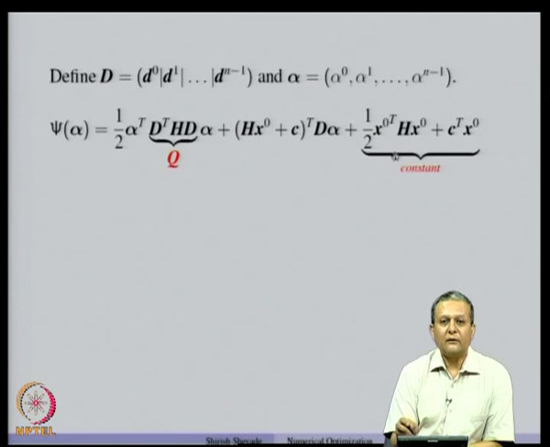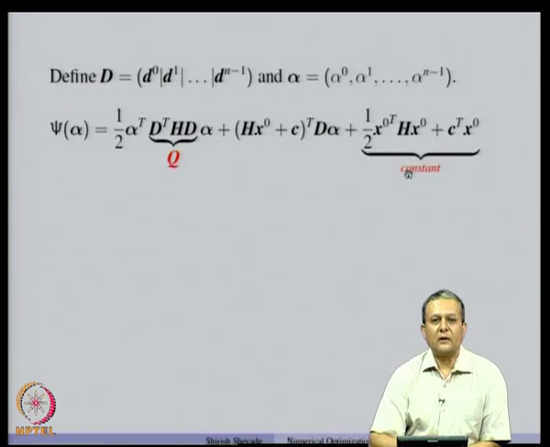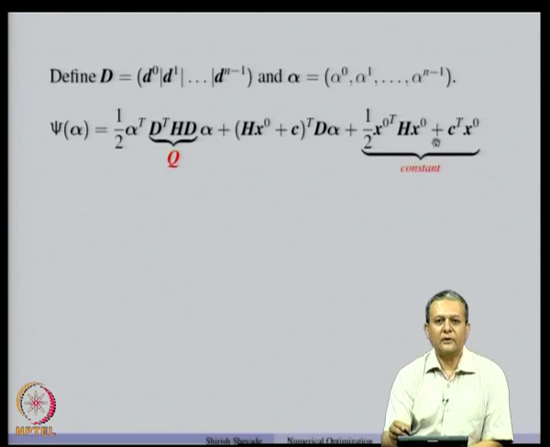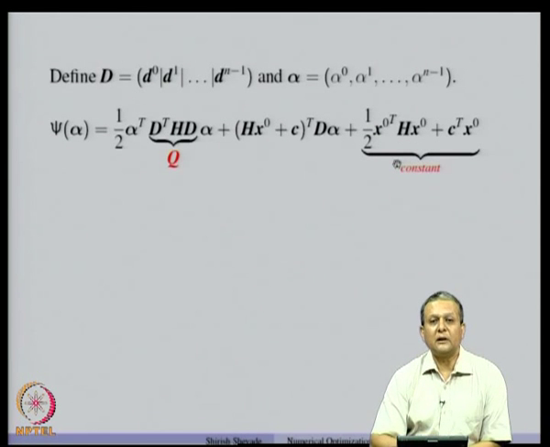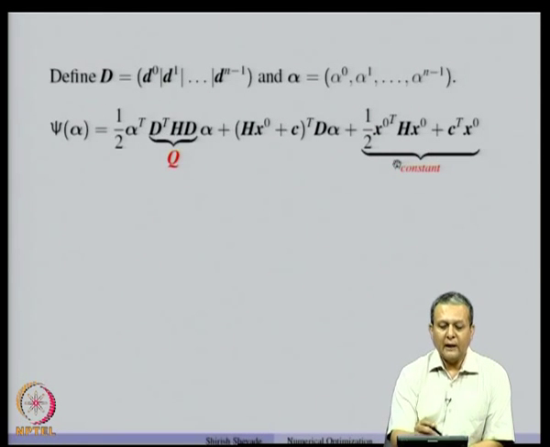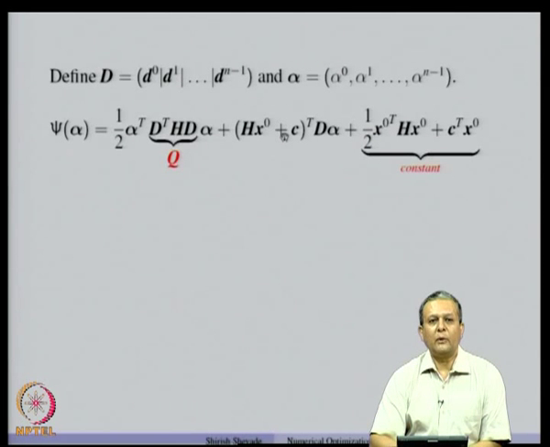Since this is a quadratic function, the Hessian matrix is constant and c is also a constant vector, so this entire last term is a constant. When we want to minimize psi(alpha), we can ignore this term, because it does not involve alphas. So, we have to concentrate only on the other two terms when we minimize psi(alpha) with respect to alpha.